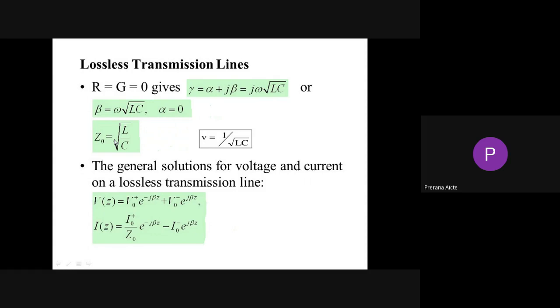So what is the attenuation constant? What is the propagation constant? What is the phase constant? What is the characteristic impedance of a two-wire transmission line for a lossless medium or a lossy medium?